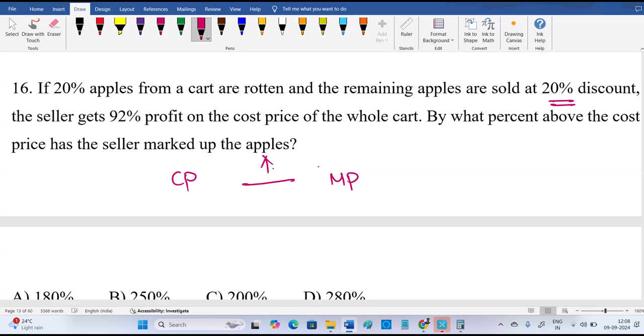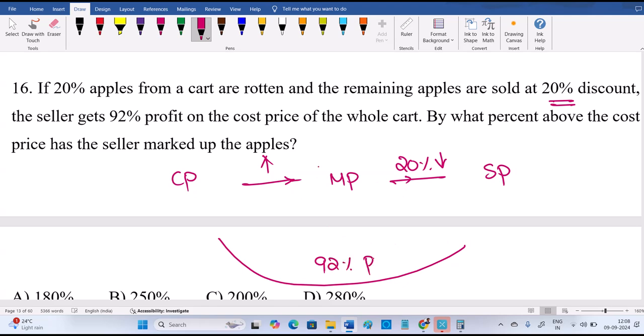How much percentage increase, so that after giving a 20% discount, the selling price gives 92% profit. And one more problem in this question: 20% of the apples are already rotten, right?